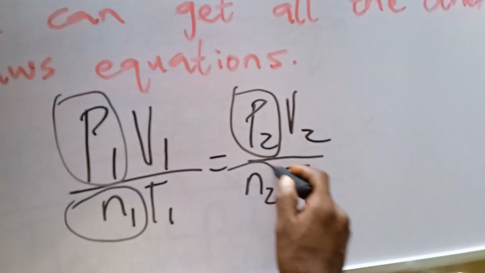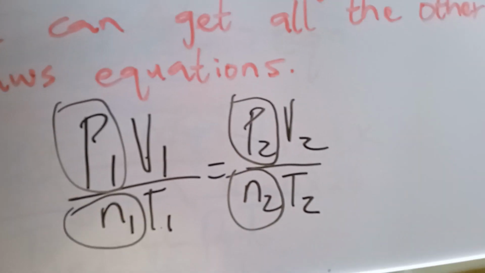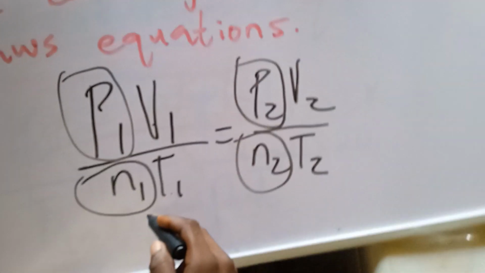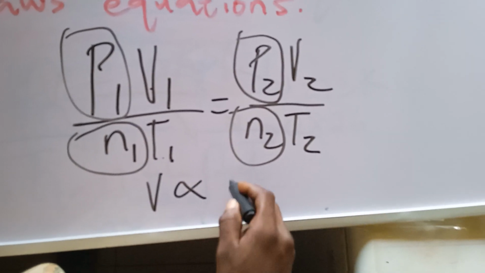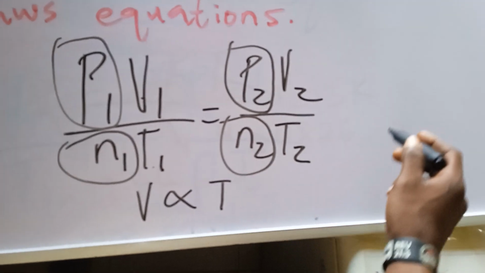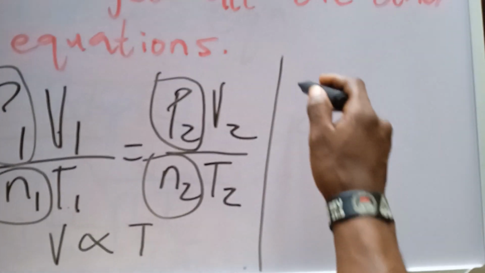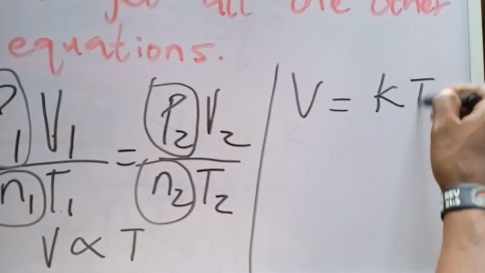At constant pressure, volume is directly proportional to temperature. This is the same as saying V is directly proportional to T, which means that V equals KT.